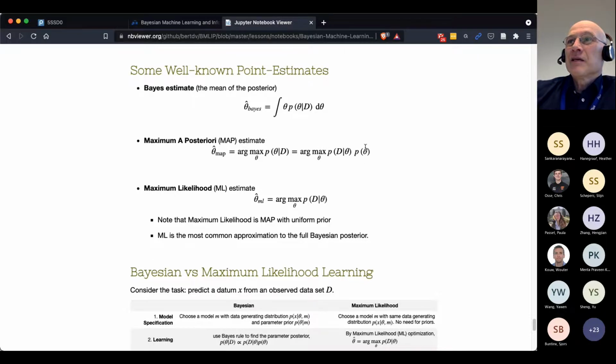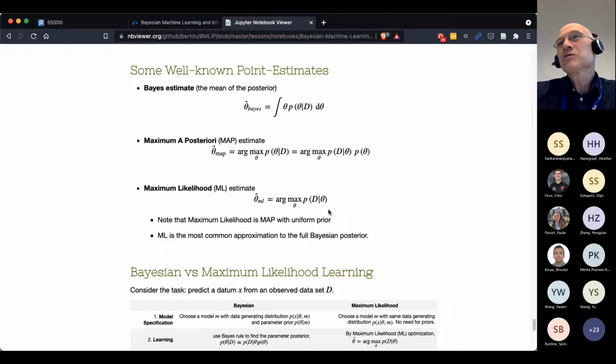And so we call it maximum a posteriori. So the maximum of the posterior distribution, or the location of the maximum. But there is a prior involved here. However, if this prior is uniform, so if it has basically the same value for every value of theta, then it makes no difference. Then you can just take it out, and what's left over is maximum likelihood.